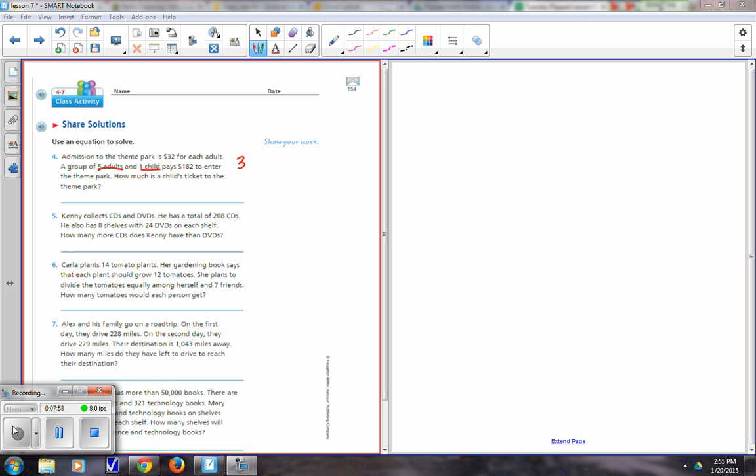So we know that 32 times 5 plus, I'm going to say C for child, an unknown amount, equals $182. So if I were to work this out, I would do 32 times 5, 160, plus C equals 182.